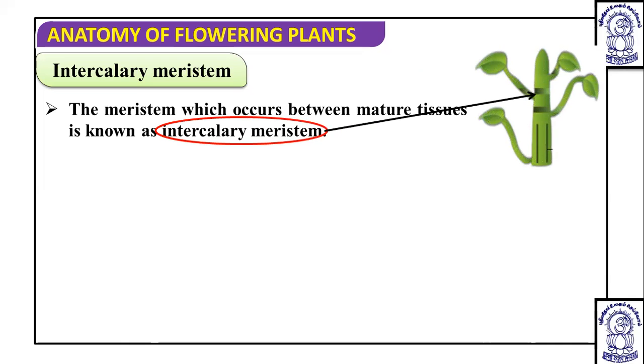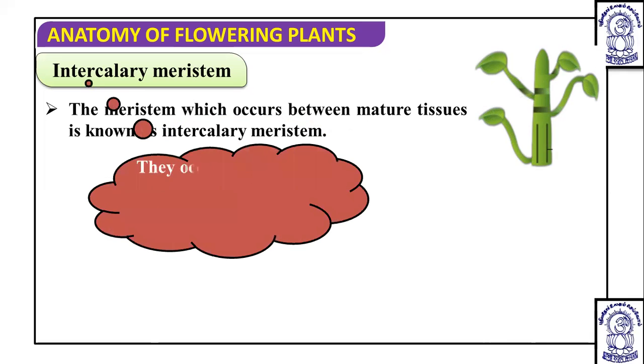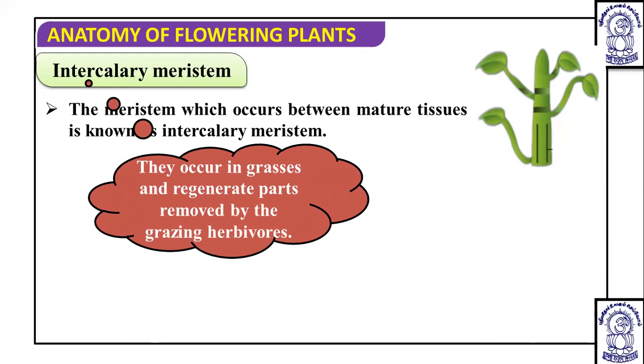So this is the intercalary meristem, as you can see. They occur in grasses and regenerate the plant part removed by the grazing herbivores. One of the important points. It is actually present behind the apical meristem, not at the apex. They are intercalary, present below or behind the apical meristem and between the mature tissue.